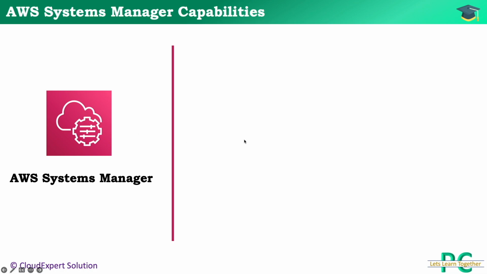Now let's review Systems Manager's capabilities. First, automation. Using automations, you will be able to perform some steps automatically in your infrastructure. It could be in the AWS Cloud as well as in a hybrid environment.